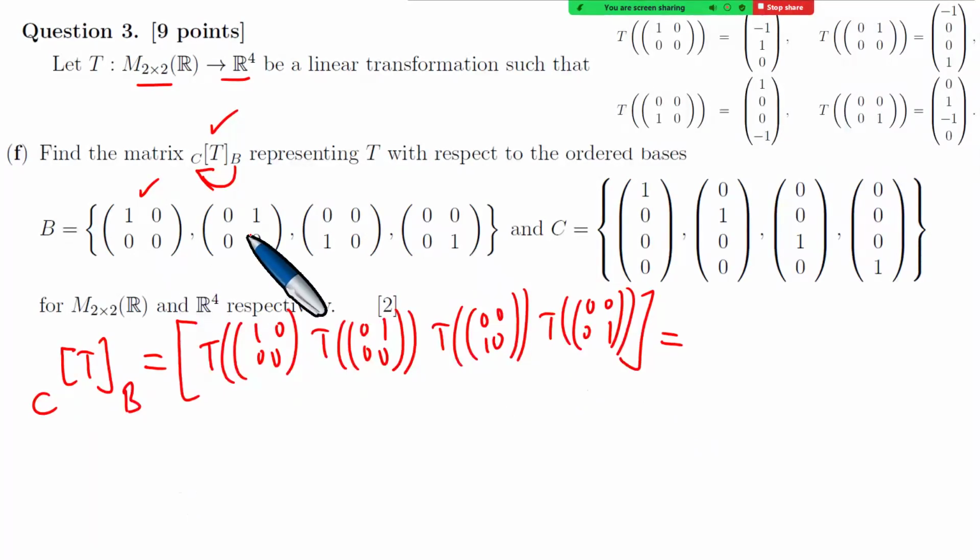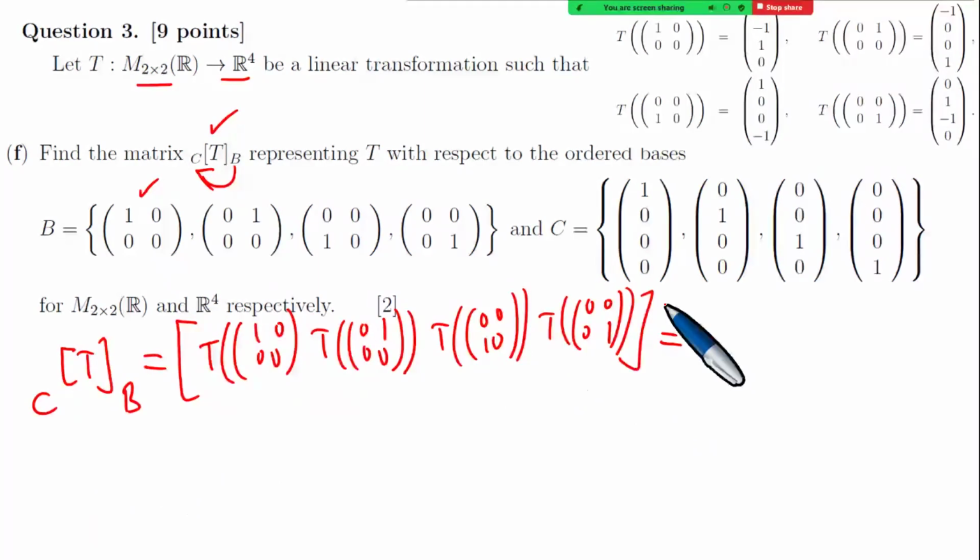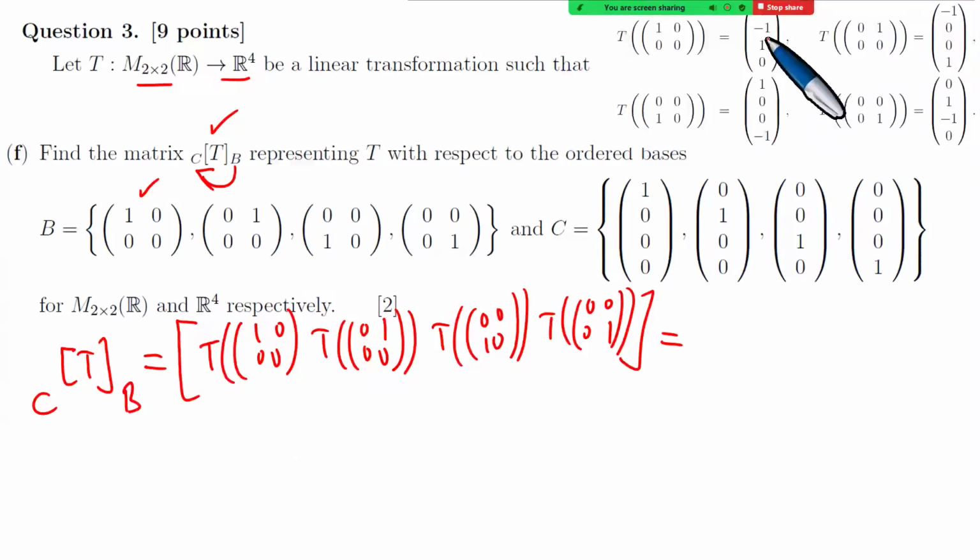You put the image of this, the image of this, the image of this, the image of this, because now you are mapping B to C. Without wasting any further time, once you find these images, you can immediately take these ones.